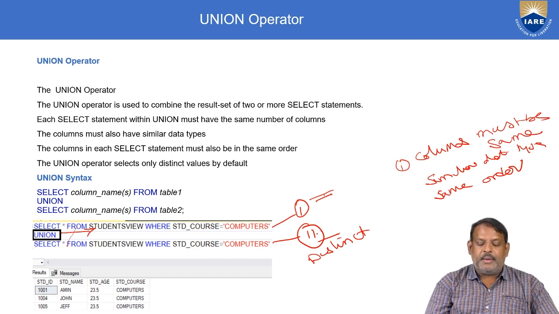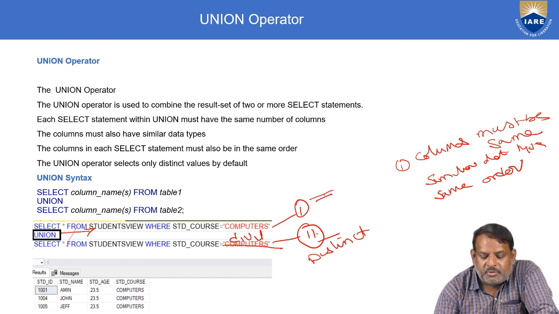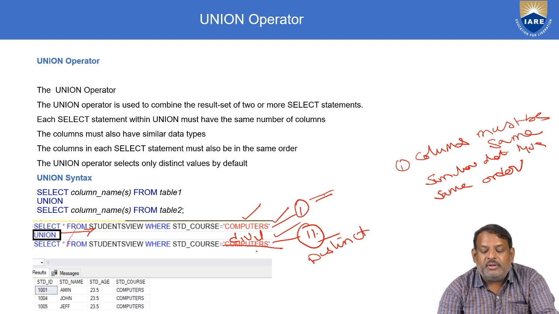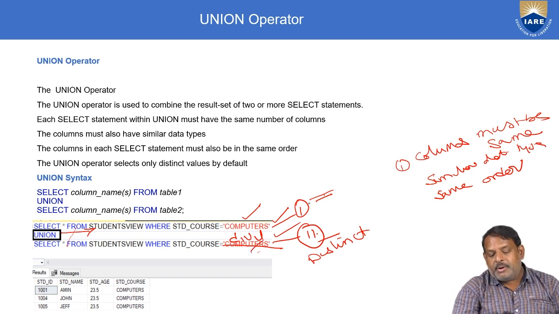Suppose here I say civil instead of computer science. In the first statement, I'm saying select star from students from computer science. This is the first result set. This is the second result set, civil. When I execute this, first the computer science students will be displayed, followed by the civil engineering department data.